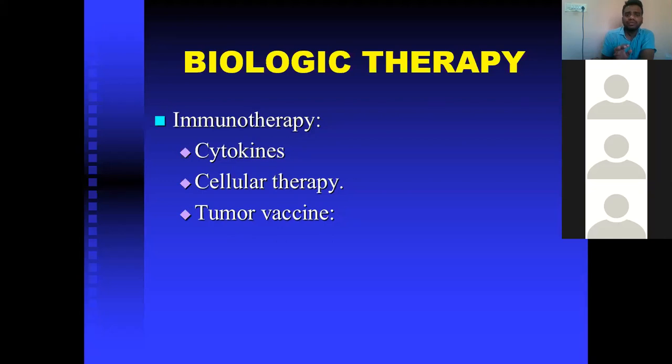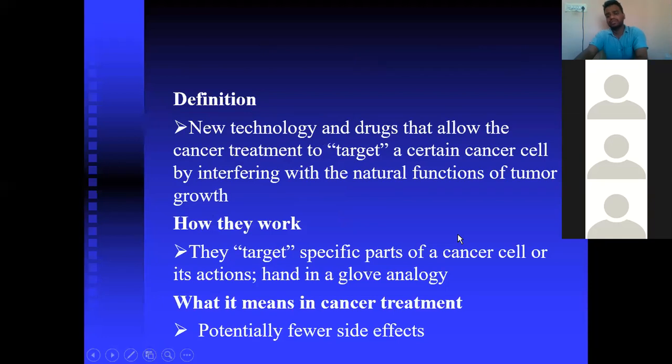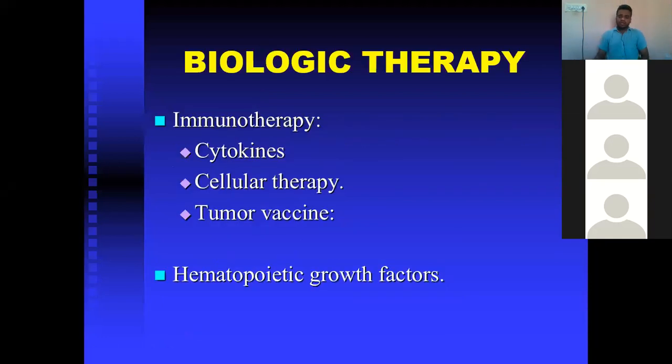All those things can help to kill the cancer. In immunotherapy we have cytokines, as I told. Now we have some cellular therapy, we have some tumor vaccines. Now I will tell you something interesting, since it came up about immunotherapy and cytokines.